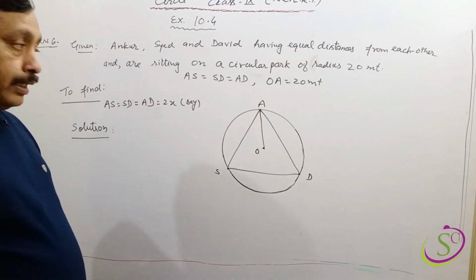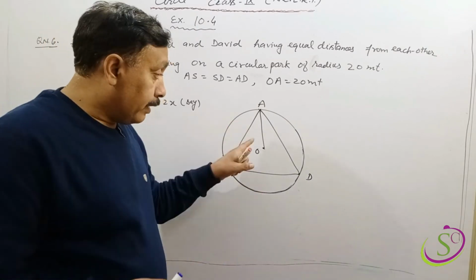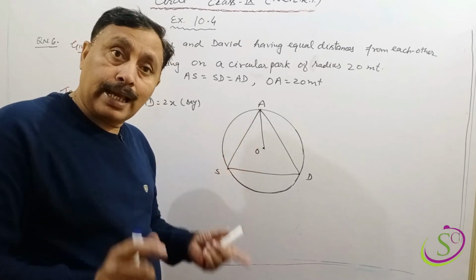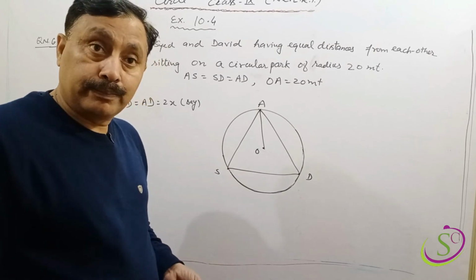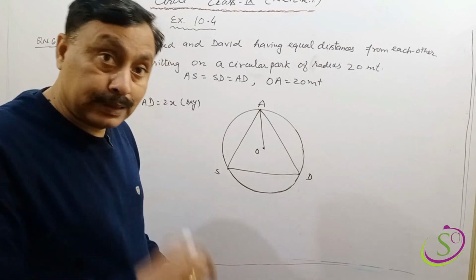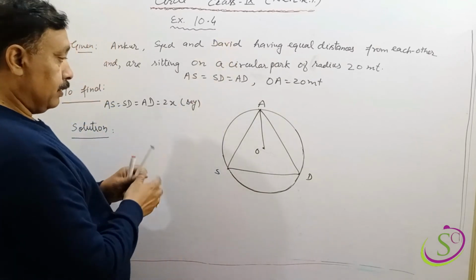Okay? And in this situation, the center of the circle, the circumcenter, and the centroid both coincide with each other. Please note this statement.